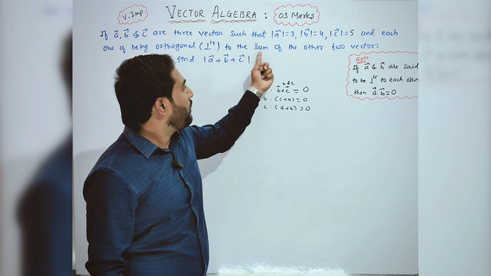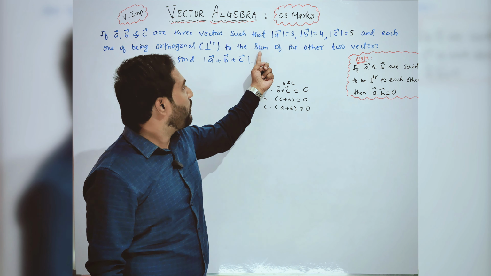Same in the second equation, B dot C plus B dot A is equal to 0. And lastly, C dot A plus C dot B is equal to 0.